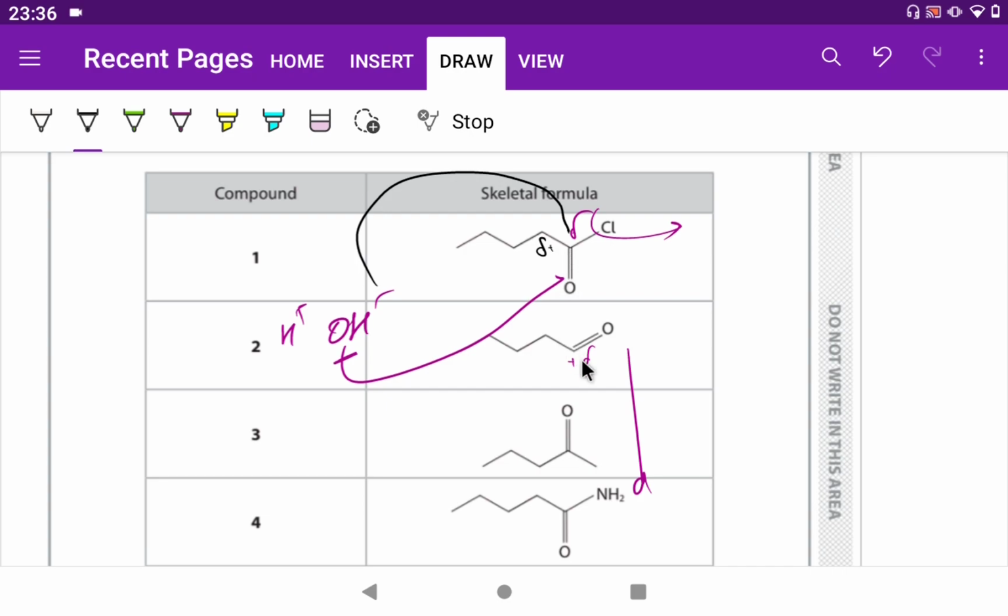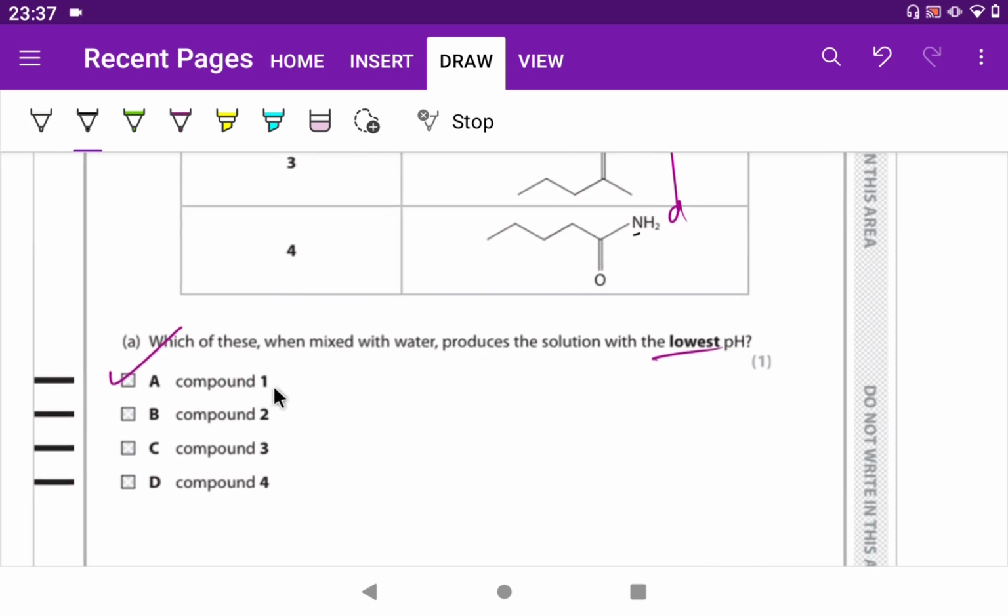Here is also oxygen, but nitrogen is less electronegative than chlorine, so the most delta positive will be here, so the fastest will be this one. So this will make carboxylic acid, therefore compound 1 will make the lowest pH.